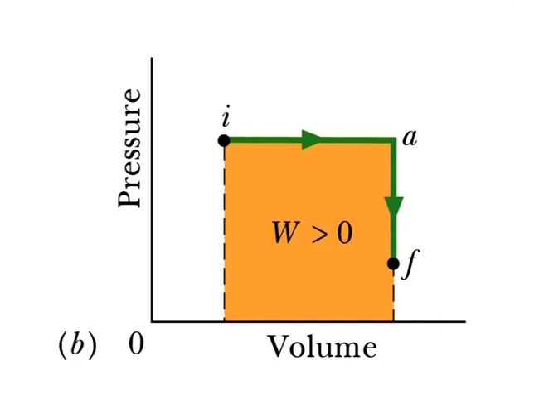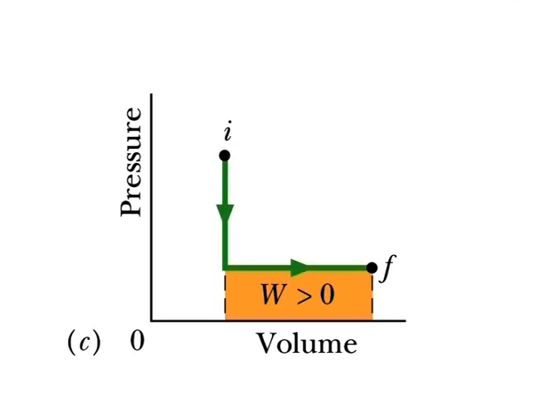For the overall process IAF, the work W, which is positive and is carried out only during step IA, is represented by the shaded area under the curve. Energy is transferred as heat during both steps IA and AF with a net energy transfer Q.